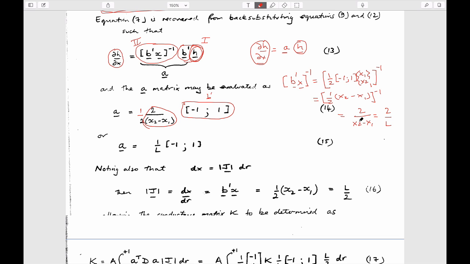And so, really, in this particular case, it turns out that this value is equal to dr over dx, which is equal to 2 over L. It works out to be that for certain conditions we have, but the bottom line is that this is just a scalar value.